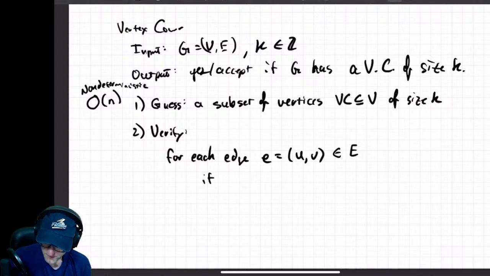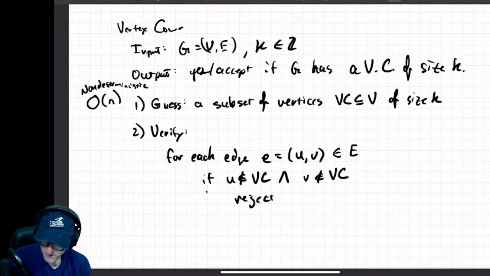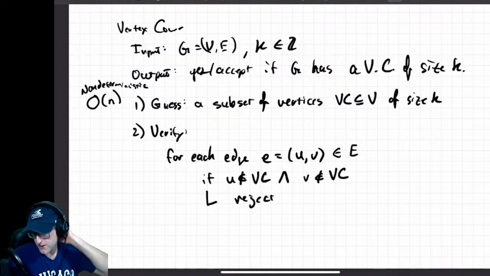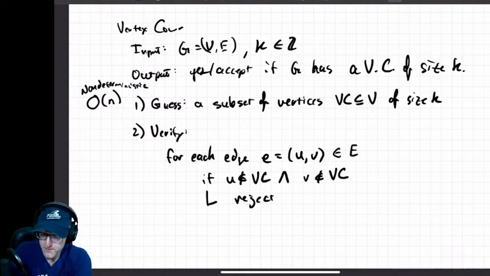If U is not in the vertex cover, and V is not in the vertex cover, then reject. There is an edge that is not covered by either endpoint in this guessed vertex cover. Otherwise, if we get through all that, we accept.